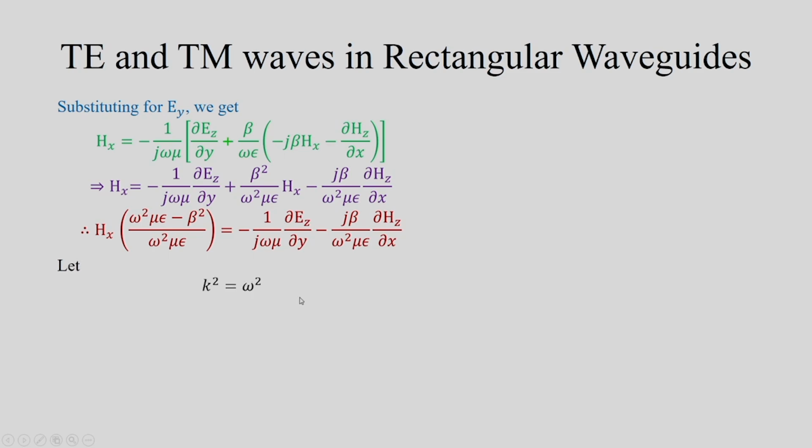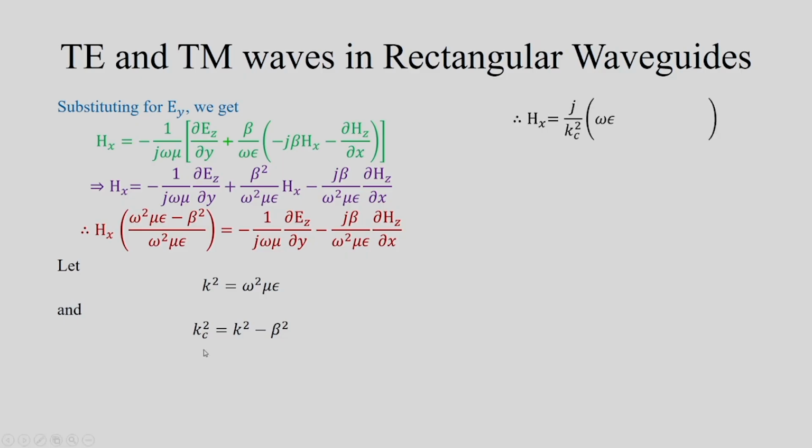So, we introduce k square equal to omega square mu epsilon, and kc square equal to k square minus beta square. This k is the wave number and kc is the cutoff wave number, as we will see.